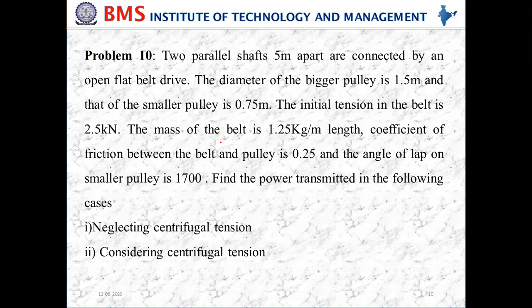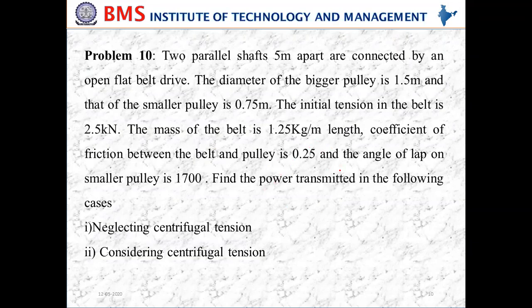The mass of the belt is given as 1.25 kg per meter length. The mass of the belt is used in the centrifugal tension, which we are going to calculate: Tc is equal to m v square. The coefficient of friction between the belt and pulley, mu, is given as 0.25.